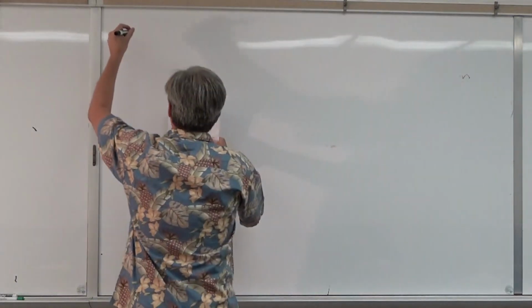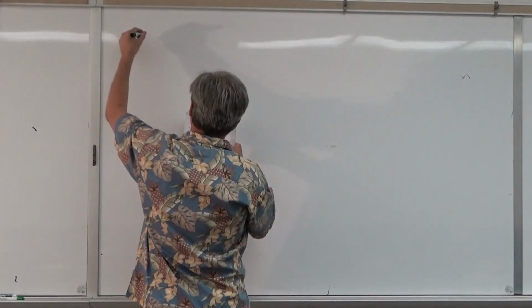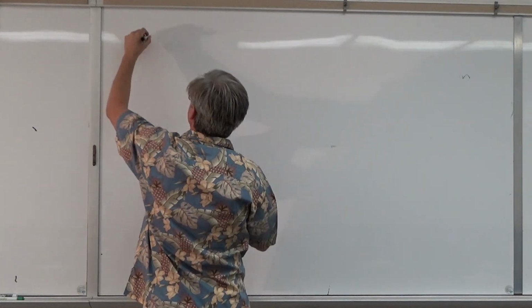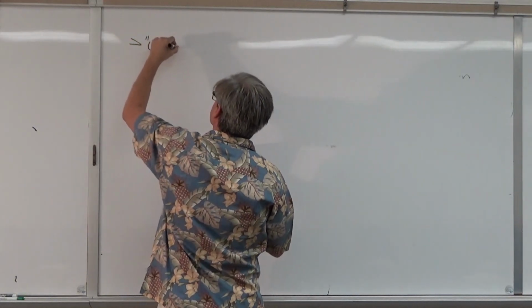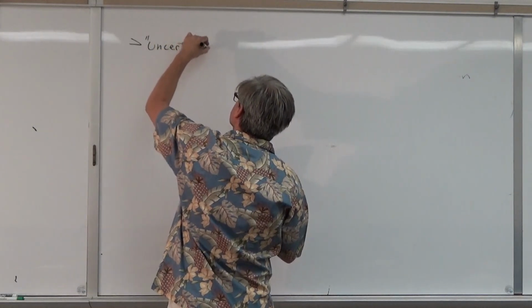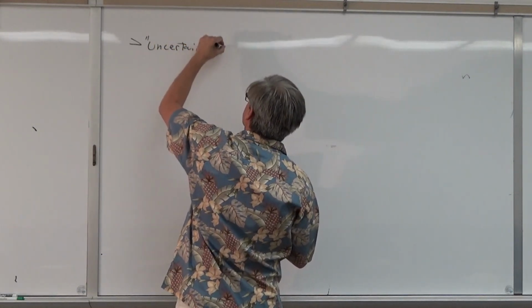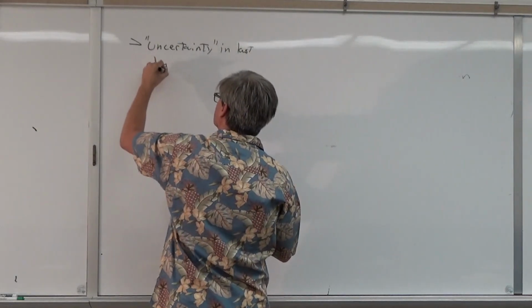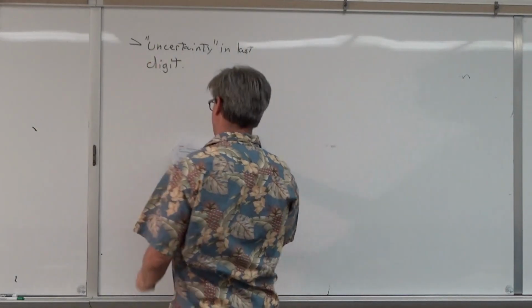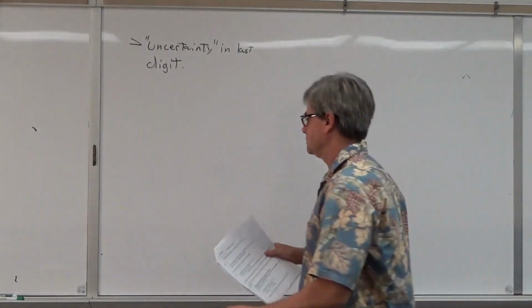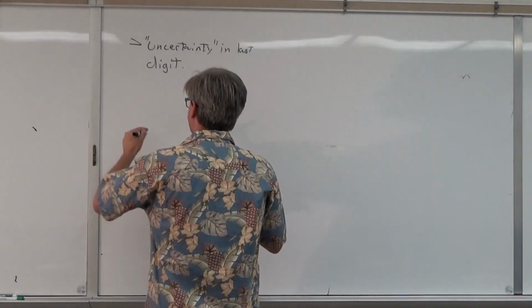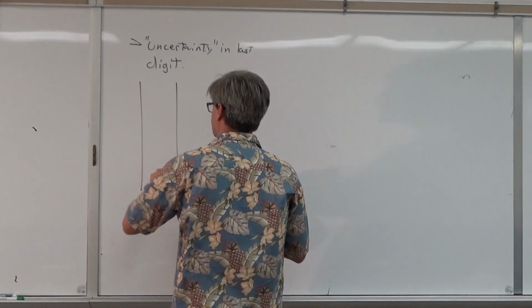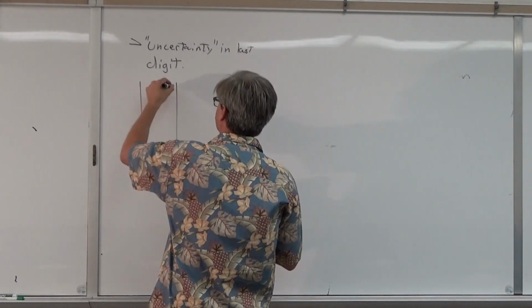Okay, so let me just reiterate. Uncertainty in last digit. So if you were reading a burette, which is a very common one, and if you're taking the lab class, you'll be watching me do that a lot.